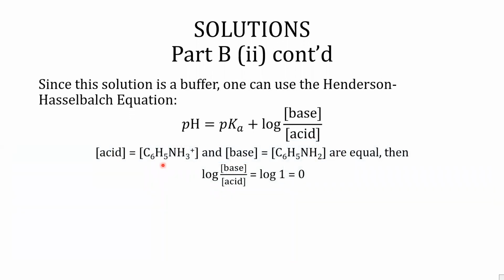Since the molarities of C6H5NH2 and C6H5NH3+ are both equal, under the Henderson-Hasselbalch equation, the log of the ratio between the concentration of C6H5NH2 divided by C6H5NH3+ equals log 1, or 0.